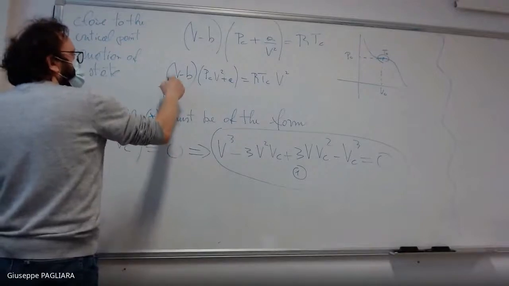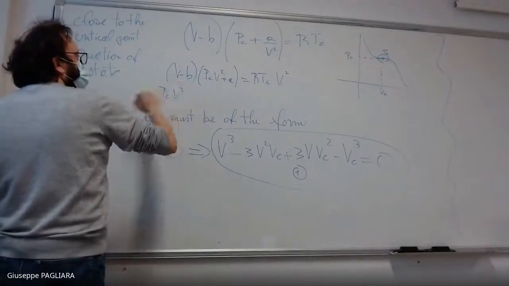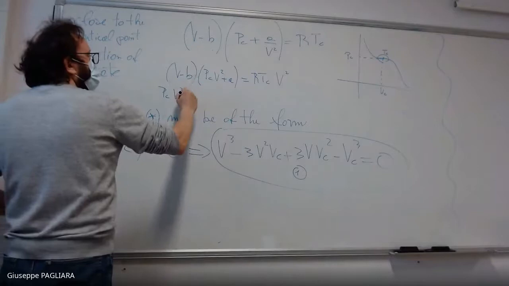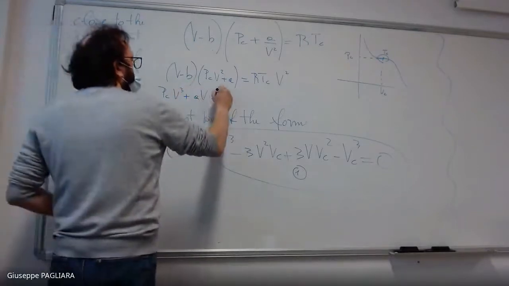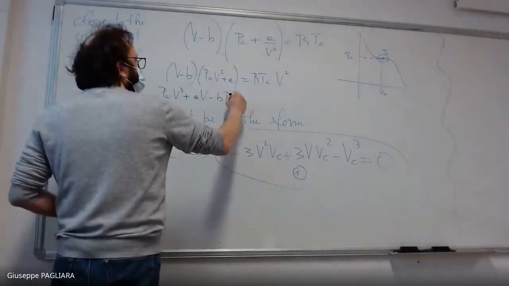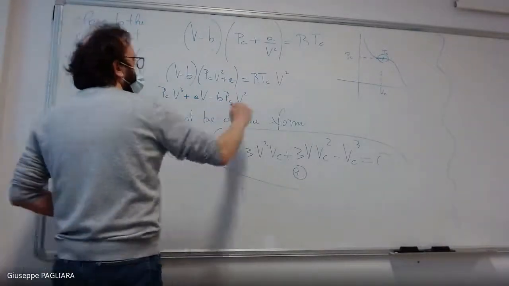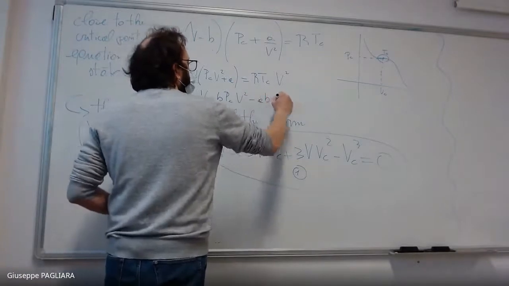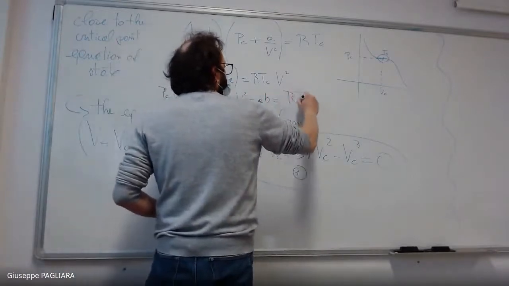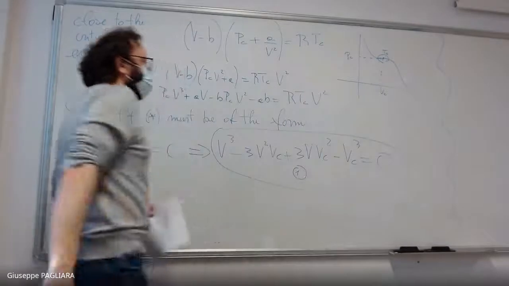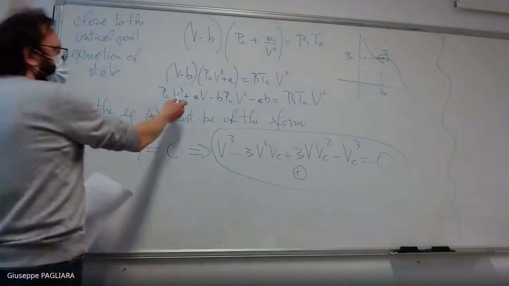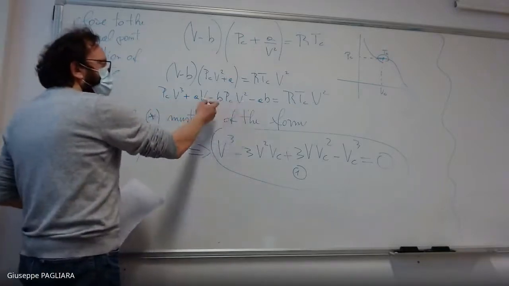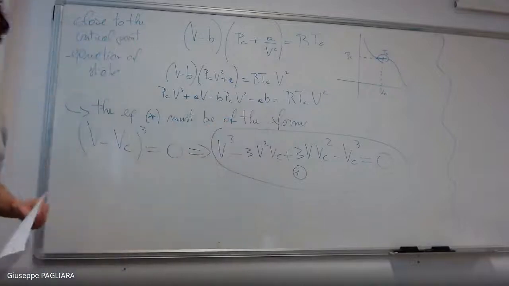You have Pc times volume cubed plus A V minus B Pc volume squared minus AB equal to R Tc volume squared. So you work a little bit the algebra. Now you have a cubic term, a quadratic term, a linear term, and a term which is a constant, AB.